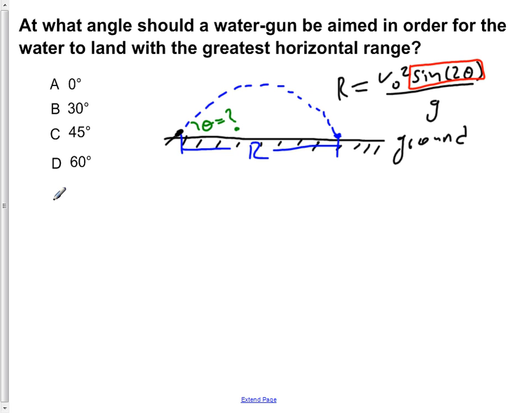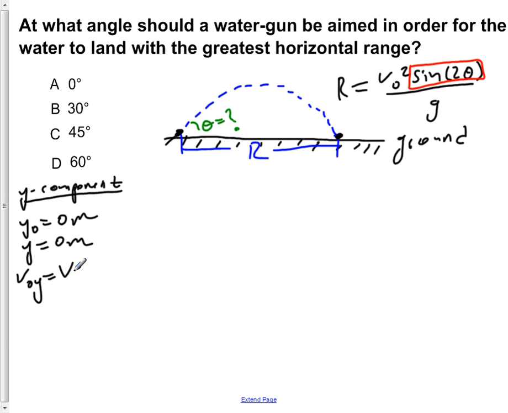To start it off, we're going to deal with the y component of its motion. So y naught, its initial position, is 0 meters, and its final position is also 0 meters. We have an initial velocity in the y direction equal to v naught sine theta.